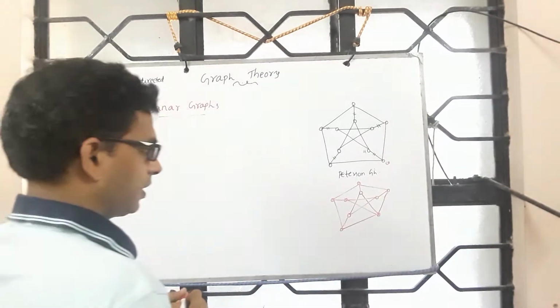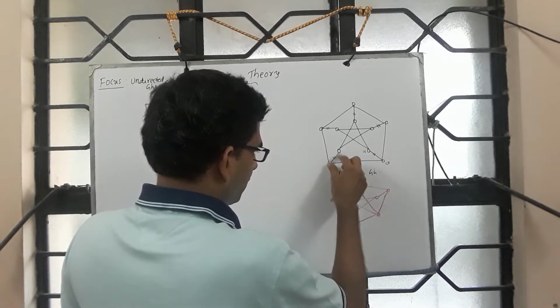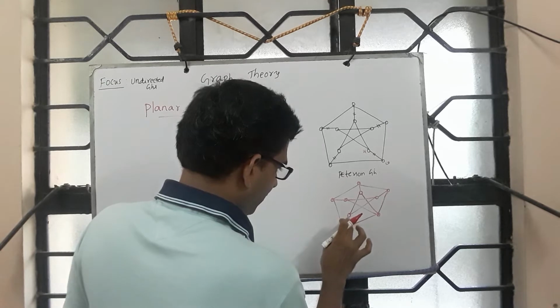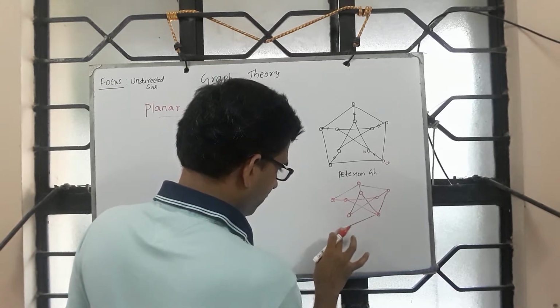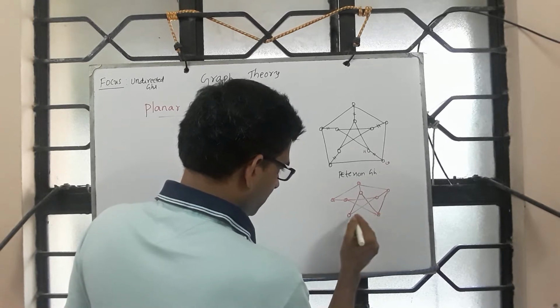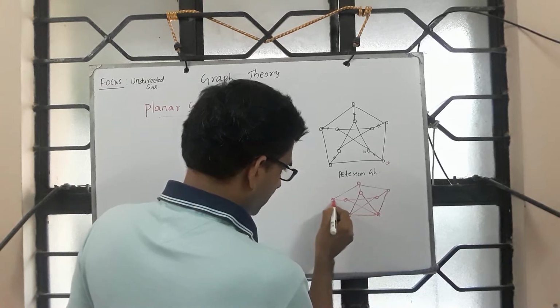Okay. Now in the next iteration we are contracting this. Then what will happen? This one will disappear. This edge will be here and this edge will be here.